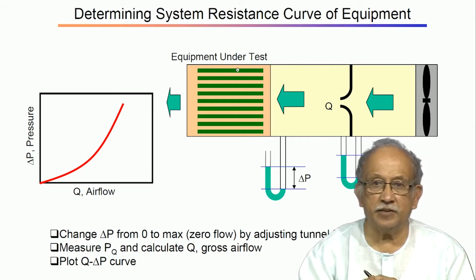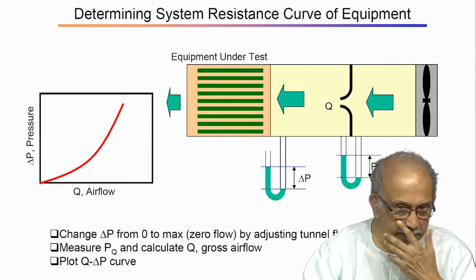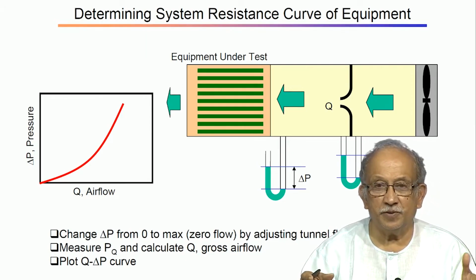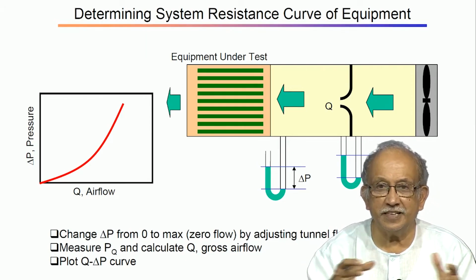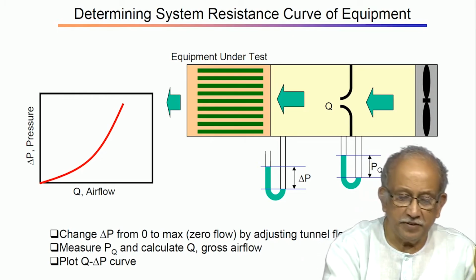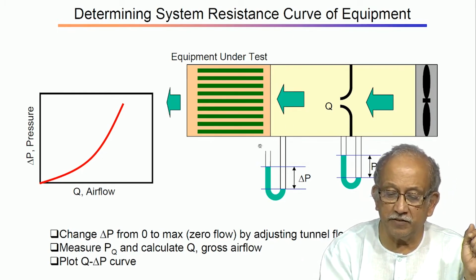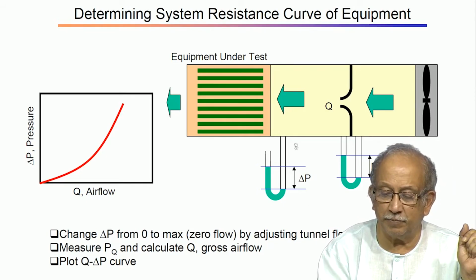You still have a scaled down model, and whenever you have a scaled down model, these principles of dynamic similarity apply. So only to a certain extent can you make a scaled down version or even a full scale mock-up.